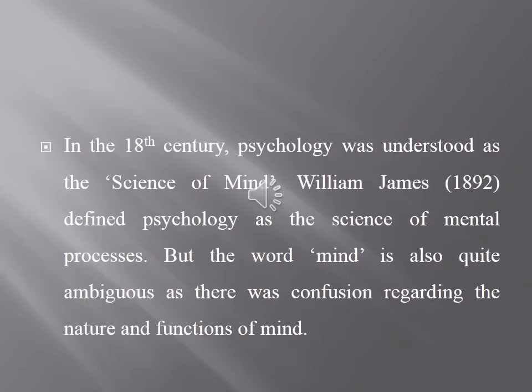So in the 18th century, psychology was understood as the science of the mind. So you see, from the soul to the mind. William James, in 1892, defined psychology as the science of mental processes. But the word mind, again, is also quite ambiguous, as there was confusion regarding the nature and function of the mind.